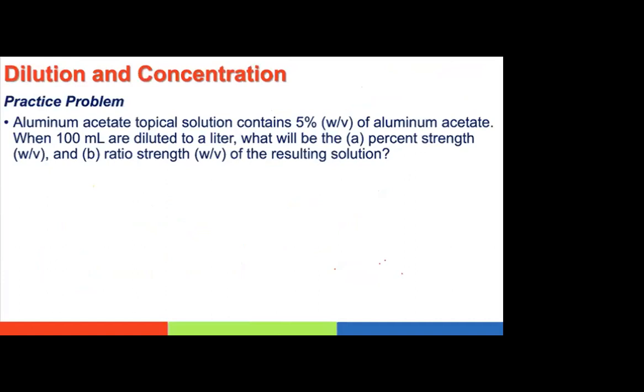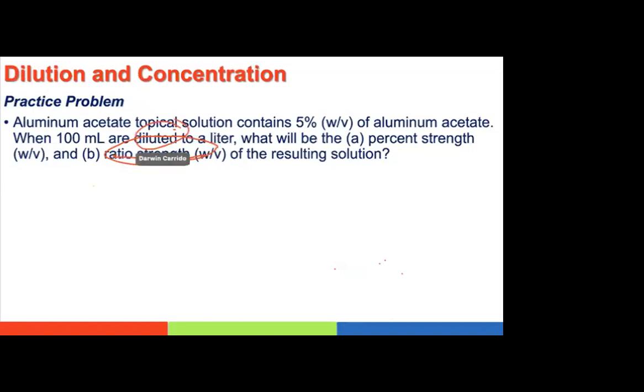When 100 ml are diluted to a liter, what will be the percent strength and the ratio strength of the resulting solution? So meron tayong bagong concentration expression, ratio strength. Turuan ko kayo kung paano yan i-compute. What makes you think this is concentration dilution problem? Nakalagay, diluted to a liter.